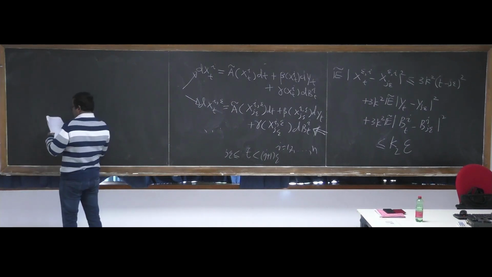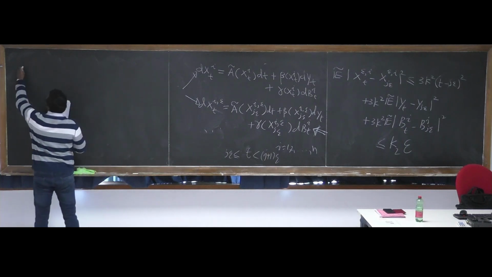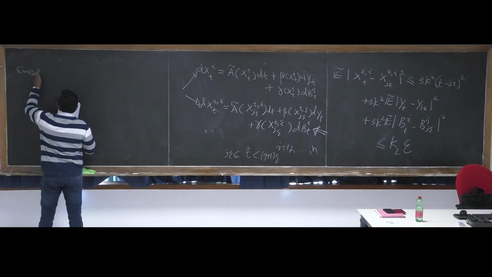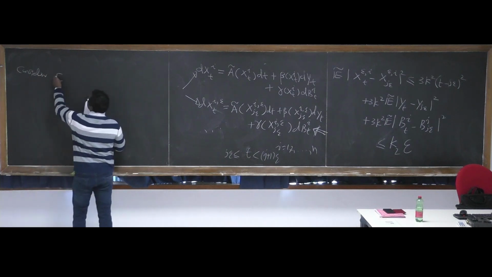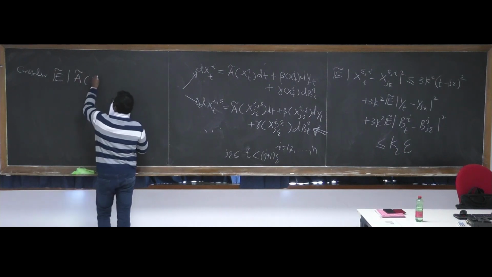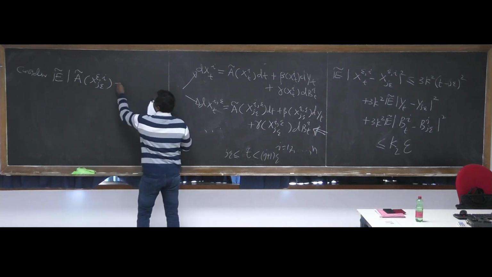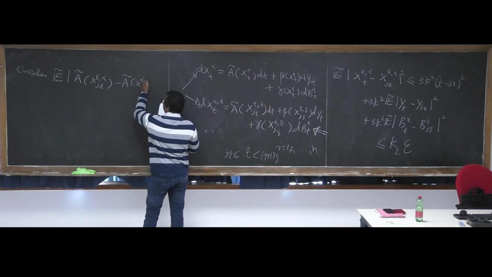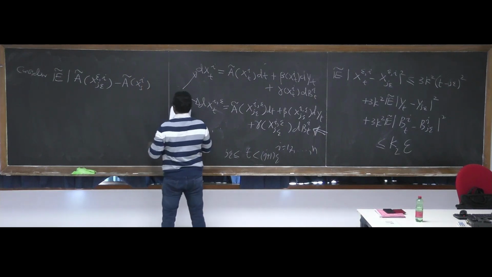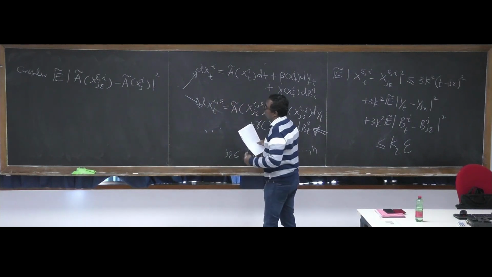And also you have to consider now the expectation of ã(X^ε_{i,ε}(s)) minus ã(ξ^i_s) squared. Just consider this difference.